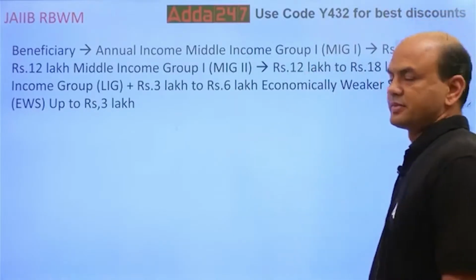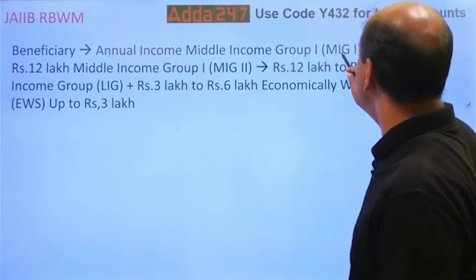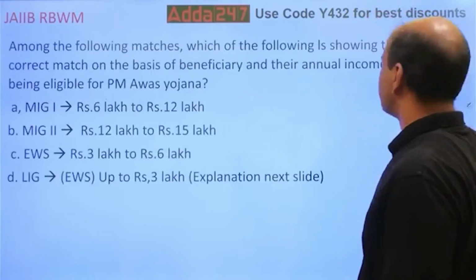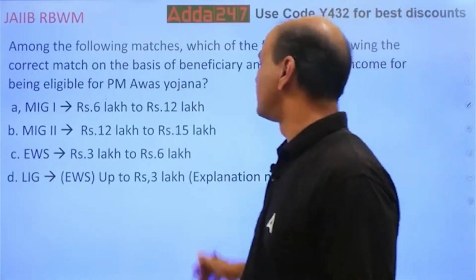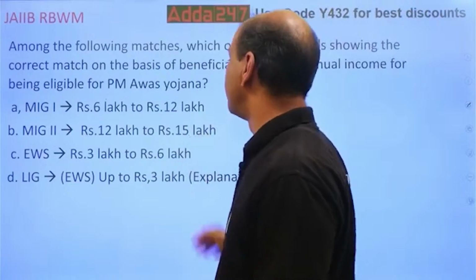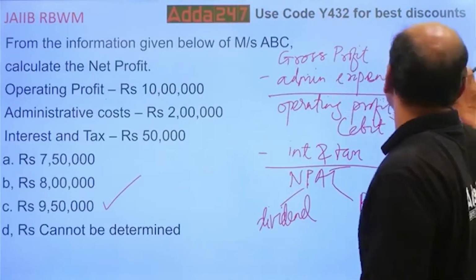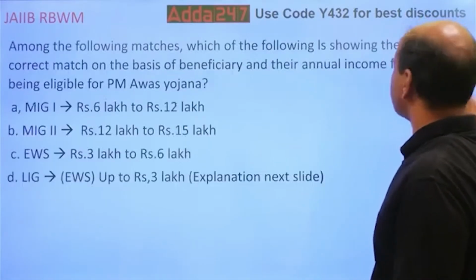Now check this. Okay, now I've given you the explanation. MIG 1 is what? 6 to 12. MIG 2 is 12 to 18. So which is the correct match over here?